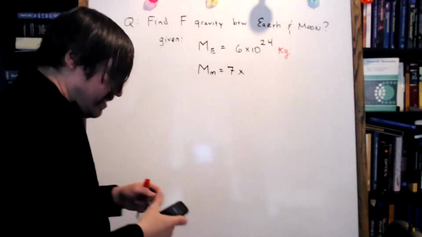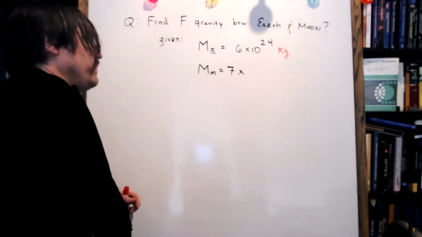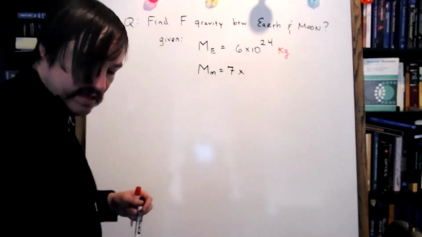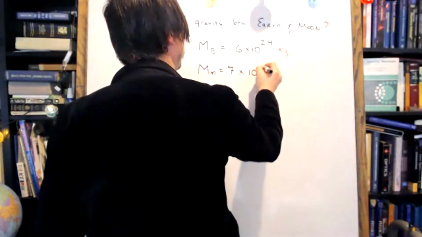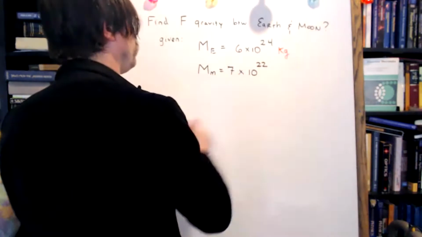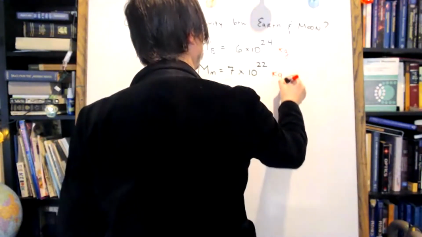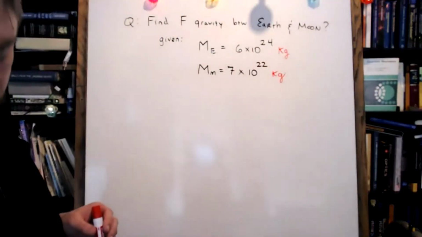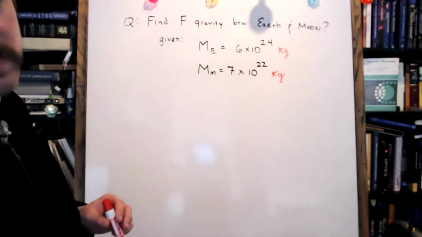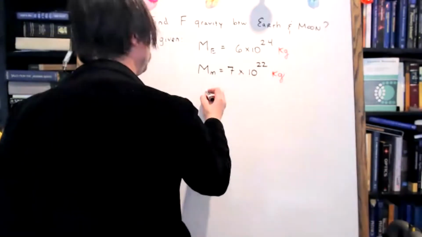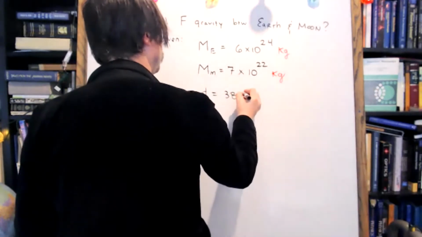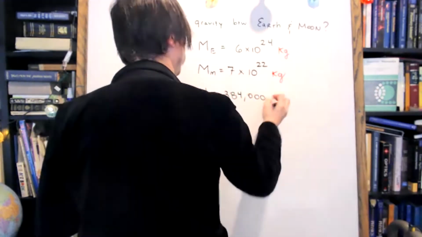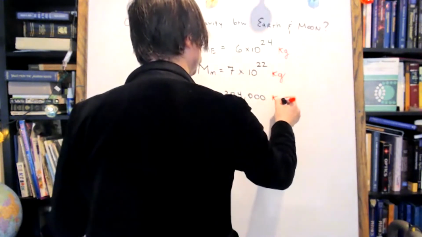The mass of the moon is 7 times 10 to the 22 kilograms. And the distance between the Earth and the Moon is 384,000 kilometers.